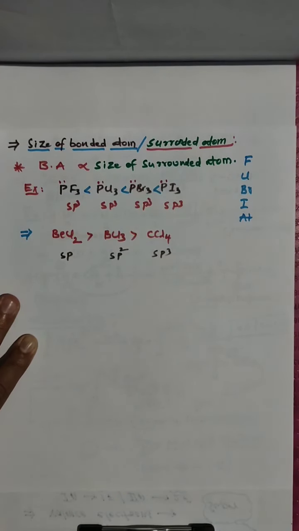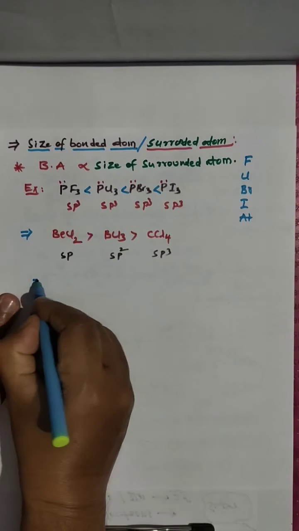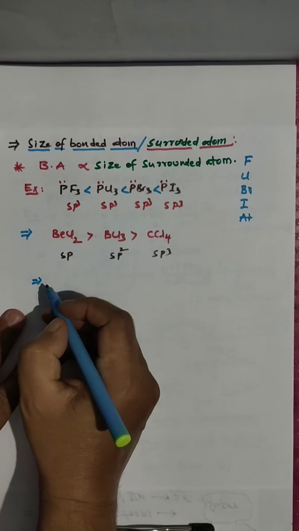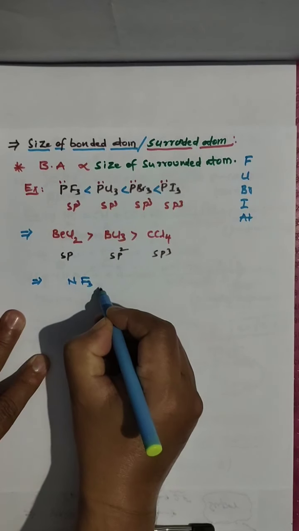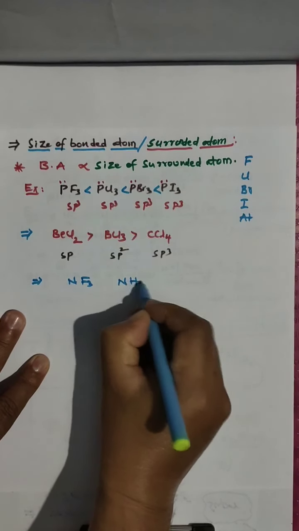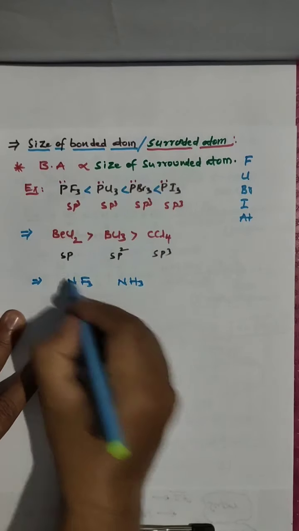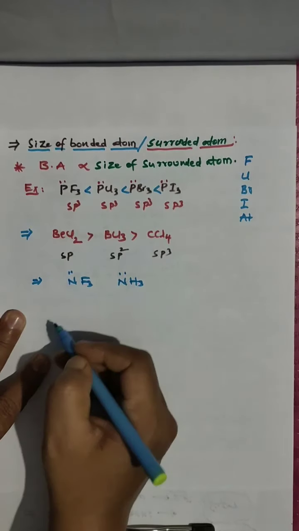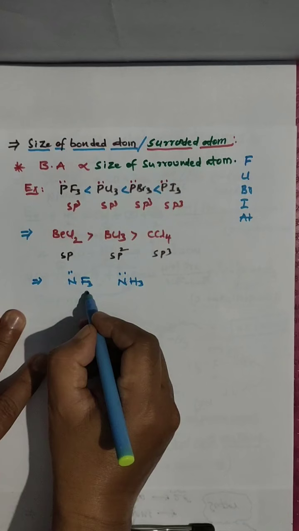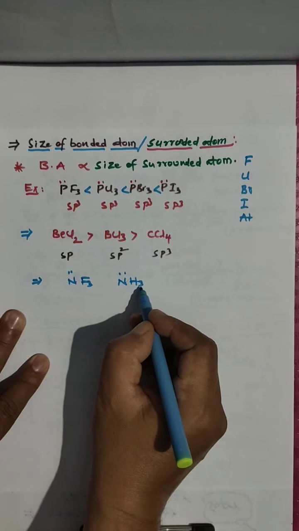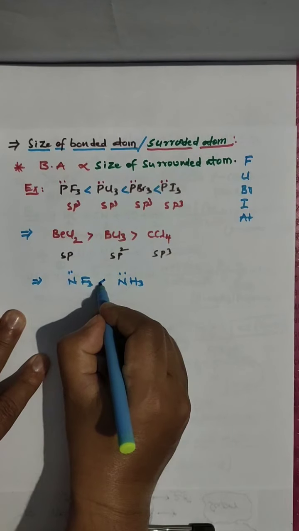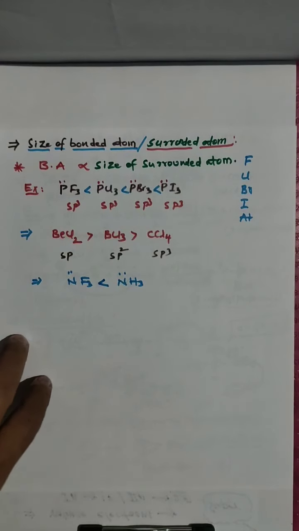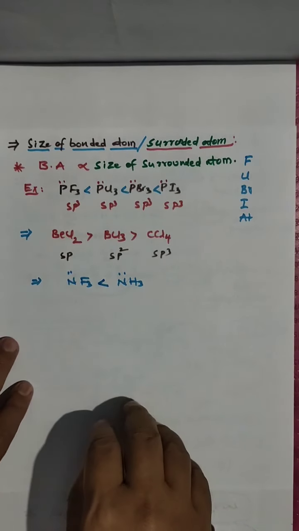Another question we have here: now I am taking NF3 and NH3. See, one lone pair, one lone pair. Fluorine, hydrogen. So we have to compare the bond angle. So NF3 is less than NH3. Like this, they will ask questions.